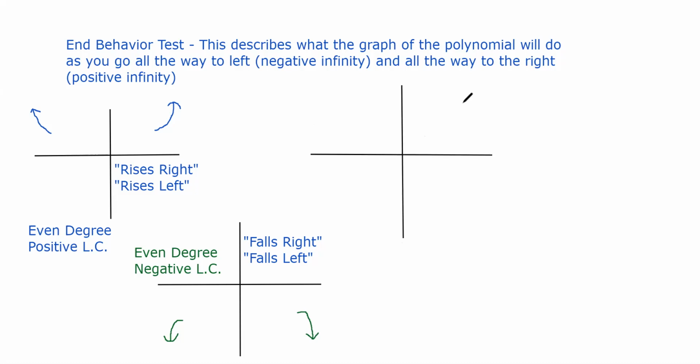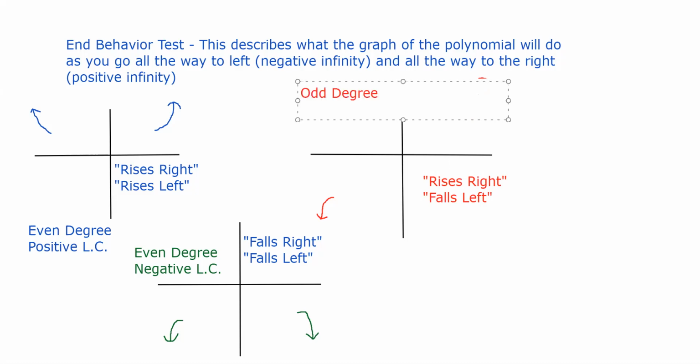The first way you can do it is if it rises to the right, but falls to the left. So rises to the right, falls to the left. This will happen when you have an odd degree, but still a positive lead coefficient.